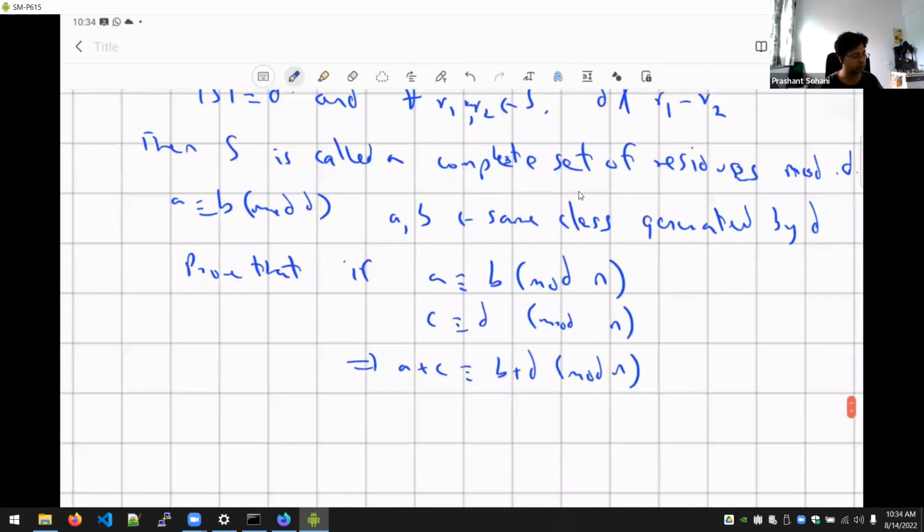But if you ignore the modulo N part for a bit and just look at the left part, you see how it is exactly how you do normal operations with integers, real numbers. You can simply add two equations. Okay. Can you see how to prove something like this?